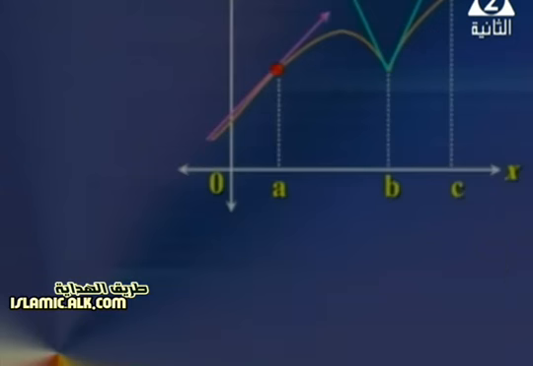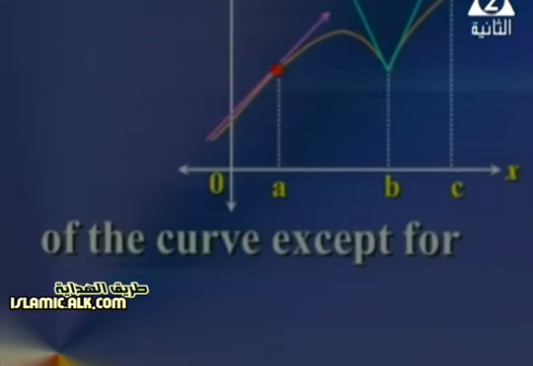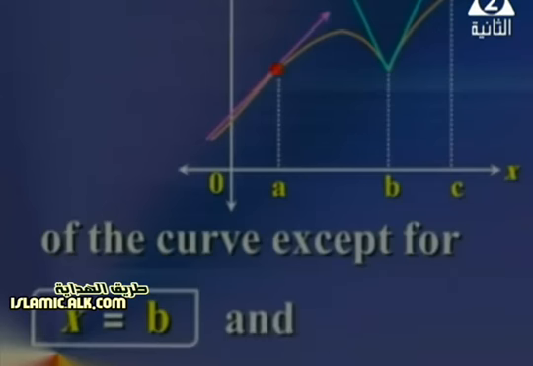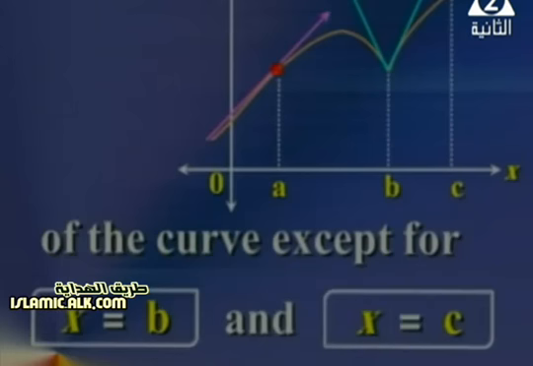We have points on the curve except for x equals b and x equals c. Dear student, look at the tangent of the curve at the point A. This point A belongs to the curve, but when x equals b, x equals c, the slope is not known.